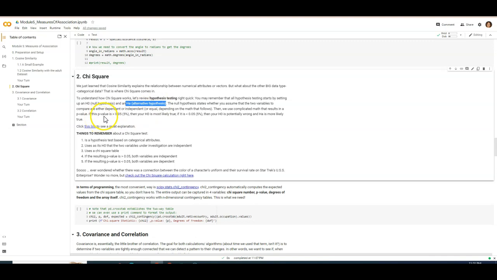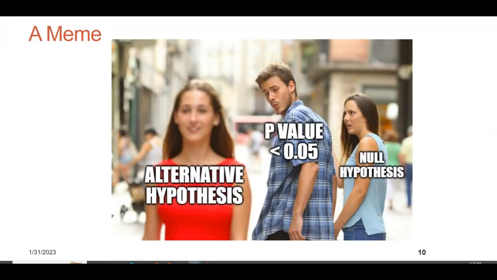At the end of the math that we're doing stands a p-value. That p-value is either greater than 5%, which means that the null hypothesis can be proven true, or the p-value is less than 5%, which means that we cannot prove that the null hypothesis is true, and therefore the alternative hypothesis is more likely. So if chi-square were a meme, that's what it would look like.